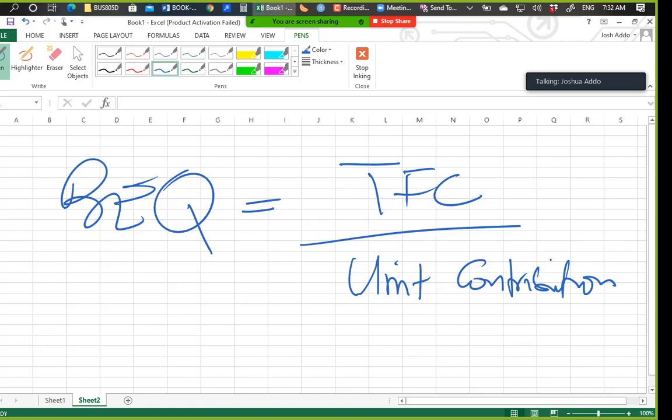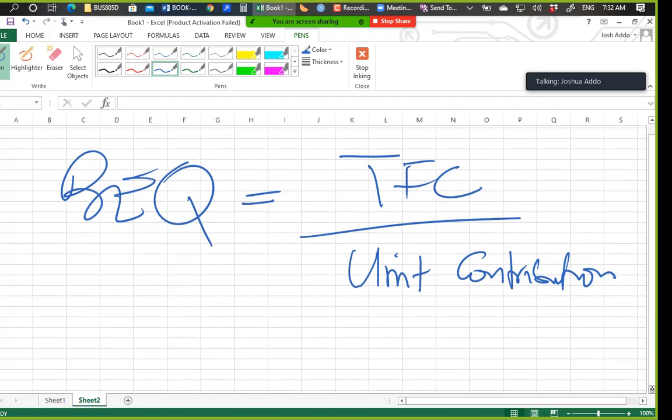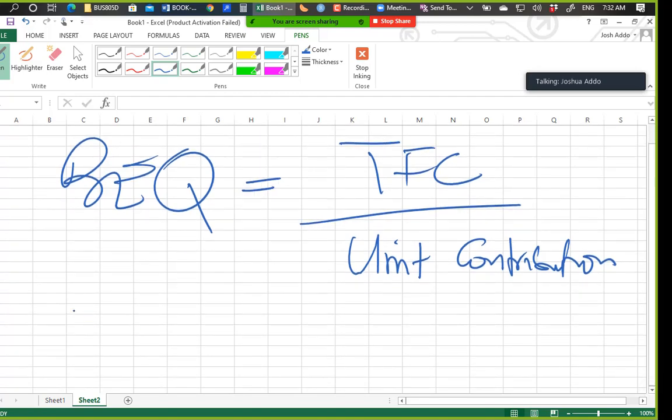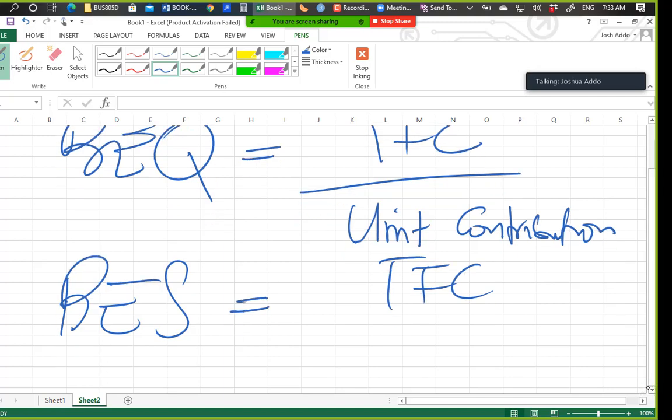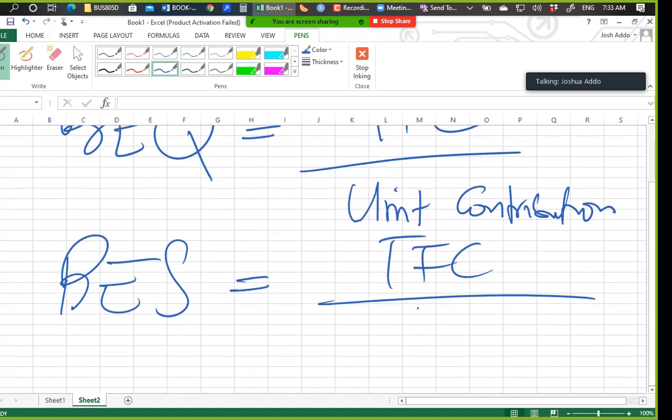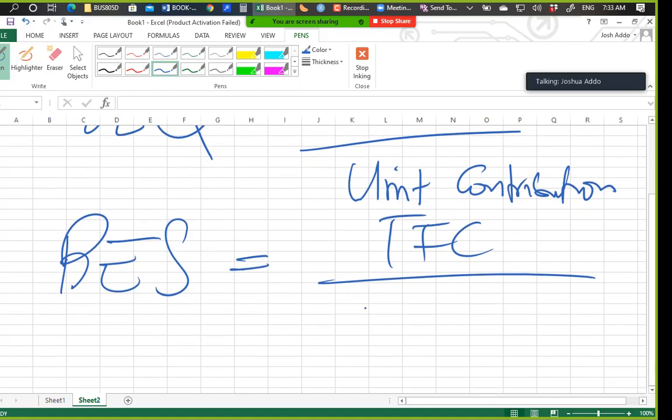We also said that if I want to calculate the break-even sales, this is the break-even quantity, so let me represent the break-even in cedis. So break-even sales, the formula is equal to total fixed costs divided by contribution to sales ratio.